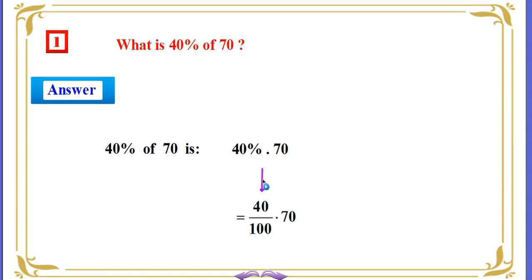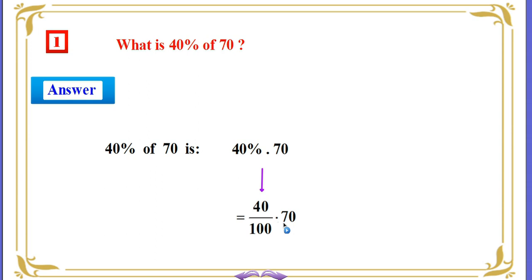And here, 40% is another way of writing 40 over 100, multiplied by 70.